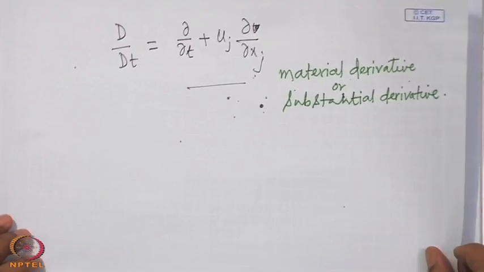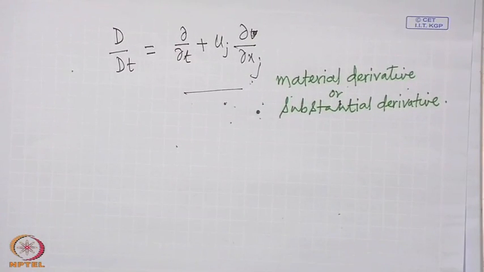And as you will see, this substantial derivative will appear in almost all equations in fluid mechanics. That is, of course, because of our consideration of the Eulerian concept, because most often we are interested in flow properties of the material element.